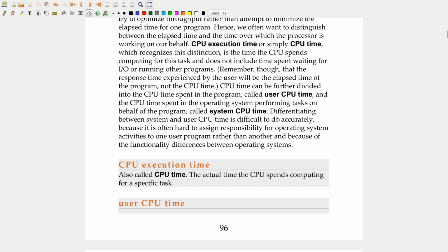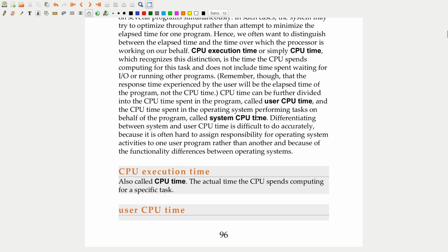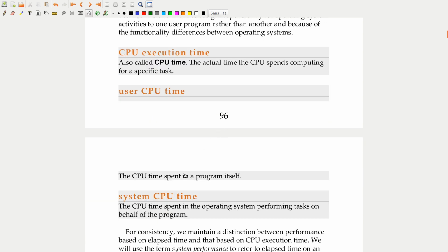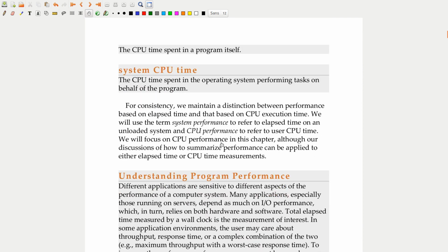And the CPU time spent by the operating system to do things is the system CPU time. So from here it looks like the user CPU time and the system CPU time are going to combine together and give us the CPU execution time. That makes sense.